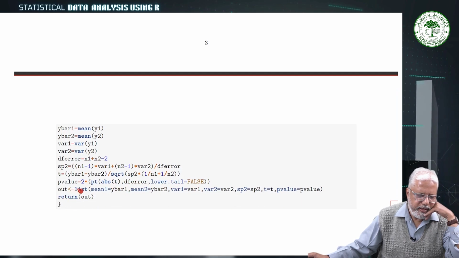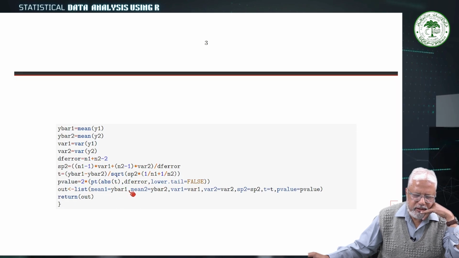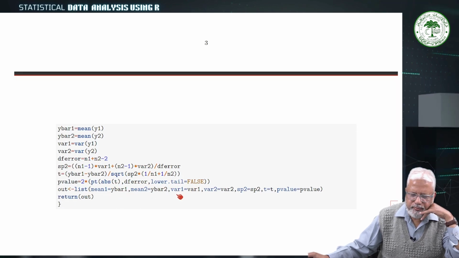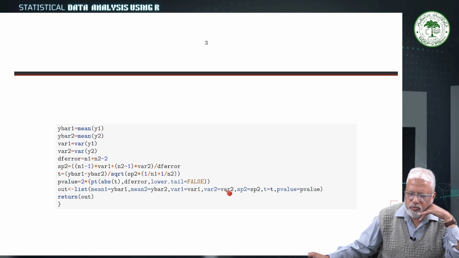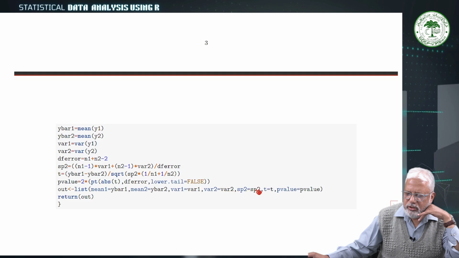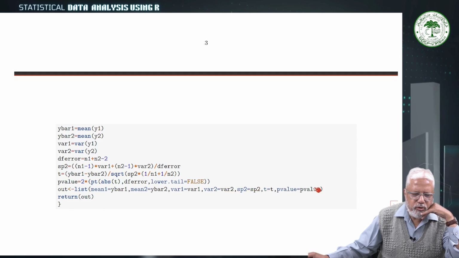So out is a list: mean 1 is y bar 1, mean 2 is y bar 2, var 1 is var 1, var 2 is var 2, sp square is sp square, t statistic is t statistic, and p value is p value.